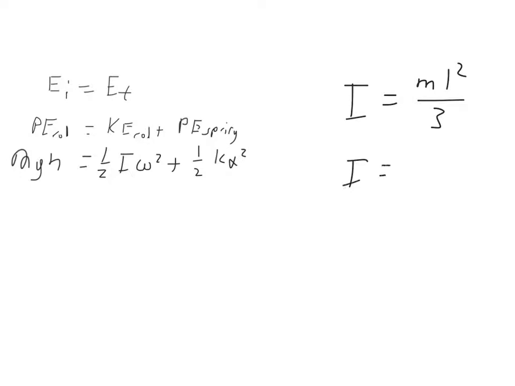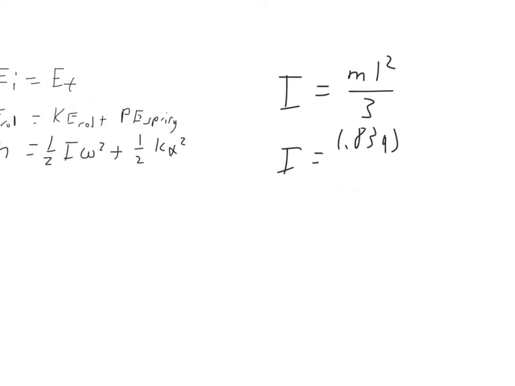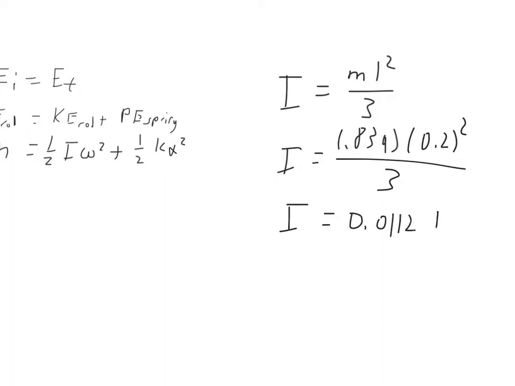So you go ahead and plug those in for I. They give you the mass is 0.839, right? Yes. And the length is going to be 0.2. That's squared. Don't forget to square that. And then that's going to be over 3. So when you plug all that in, your moment of inertia is going to be 0.0112, and that's kilogram meters squared. Okay, so that's the first piece of information that you need.